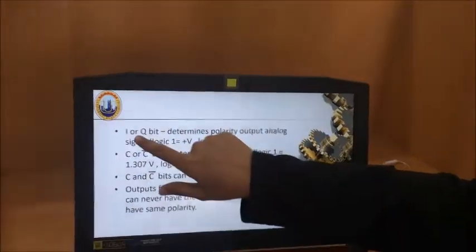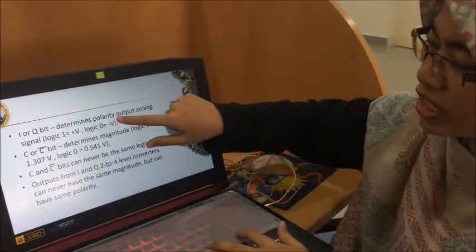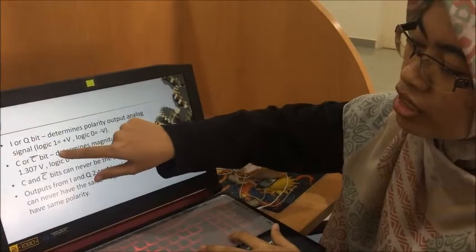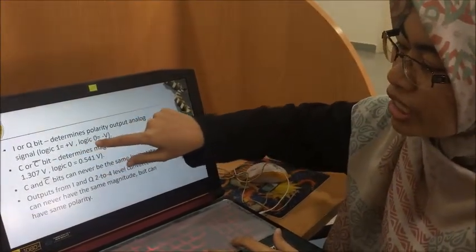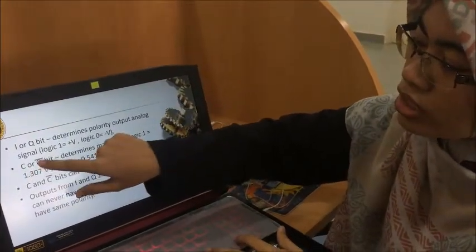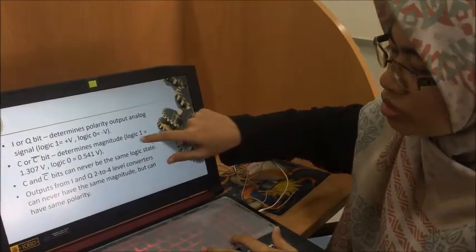This is the explanation: the I or Q bit determines the polarity of the output. When in logic 1 we get positive, and when in logic 0 we get negative. The C or C bar bit determines the magnitude, which is constant.